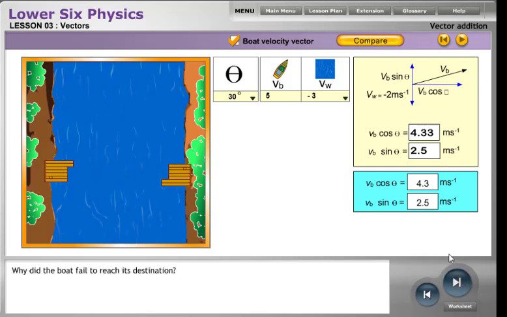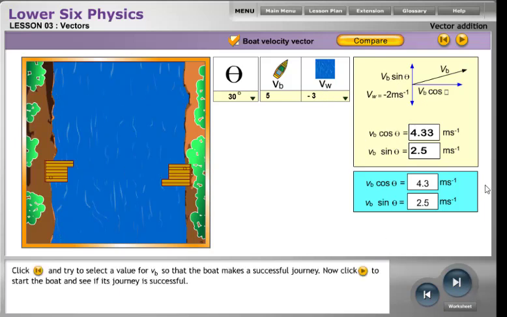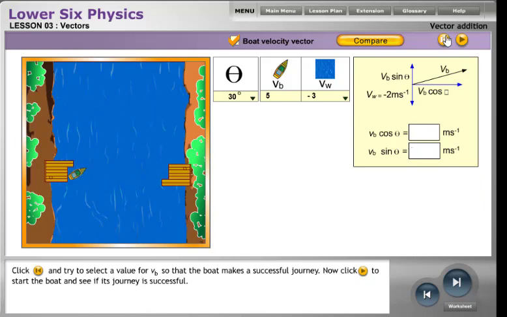Why did the boat fail to reach its destination? Answer: the component of Vb in the y direction does not equal Vw. Click Reset button and try to select a value for Vb so that the boat makes a successful journey.